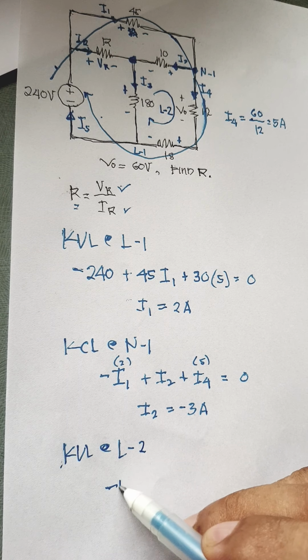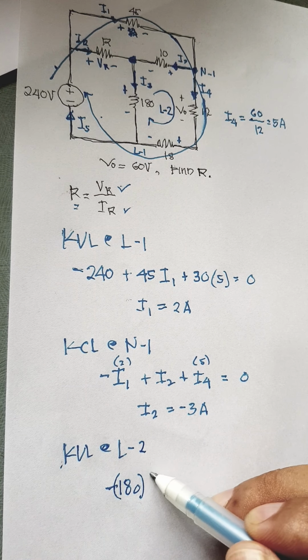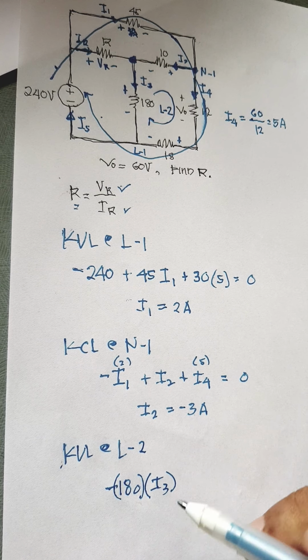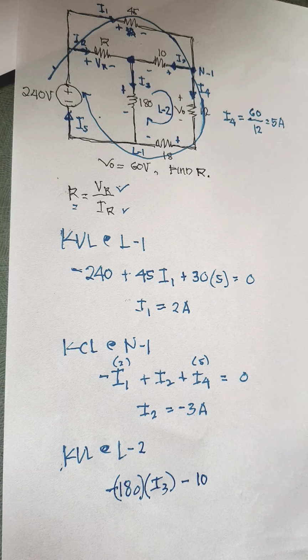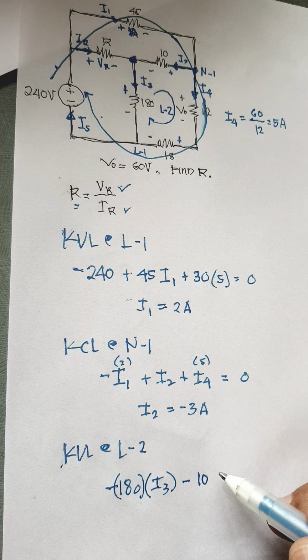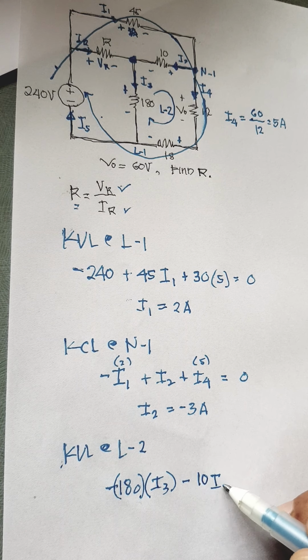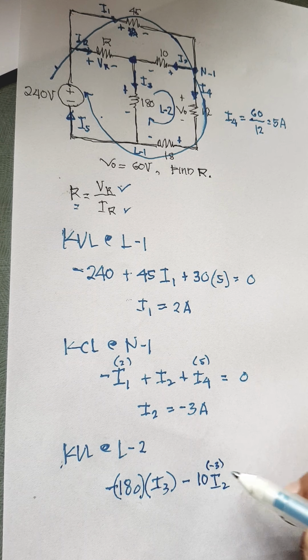So negative 180 times its current, I3. So that's the voltage across 180. Minus 10. The voltage across 10 is 10 times its current, which is I2. But I2 is already given. I2 is negative 3. Let us put negative 3.